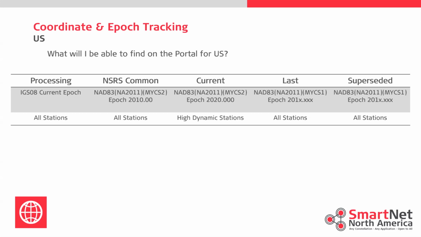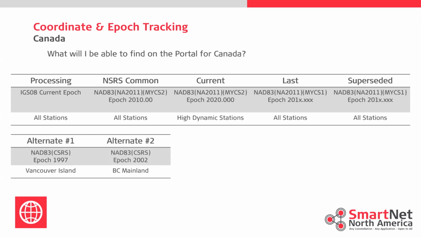So if we have had to make broadcast coordinate changes through the years to a particular station, but we haven't renamed it because it didn't fall outside that tolerance, all of those things will be there as well. In Canada, the same thing. Oopsie, that should have said version 7.1. I apologize.